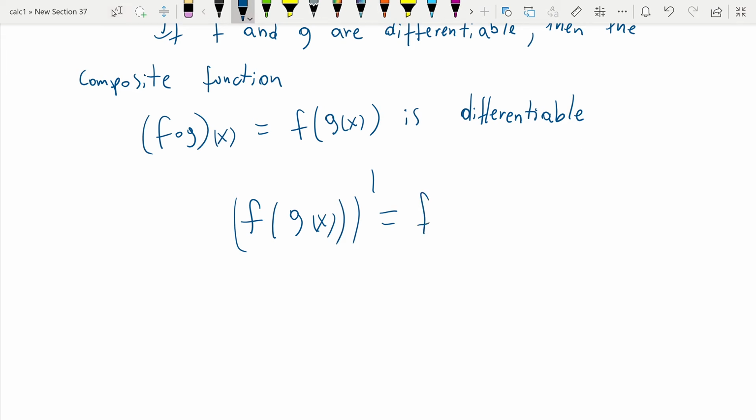So the derivative of the composite function is f prime evaluated at g of x. So you need to compute the derivative of f, and once you know it, you plug in g of x inside the formula, and then you multiply by g prime of x.